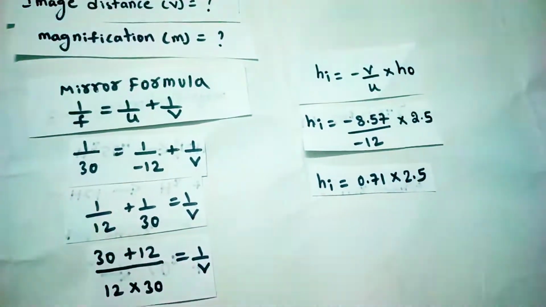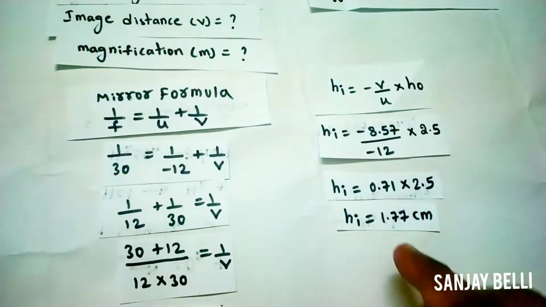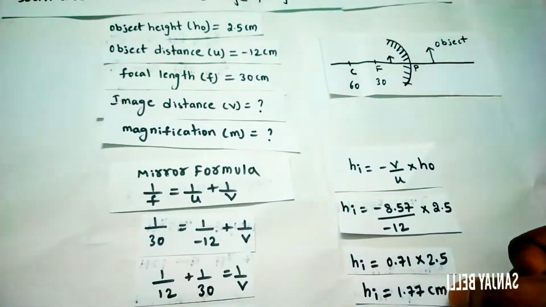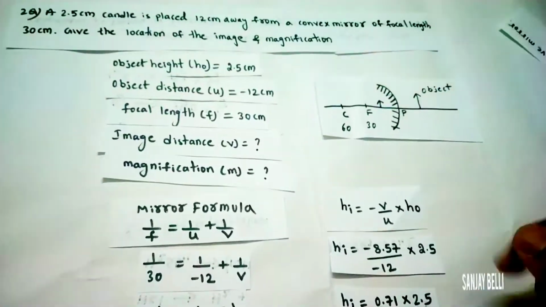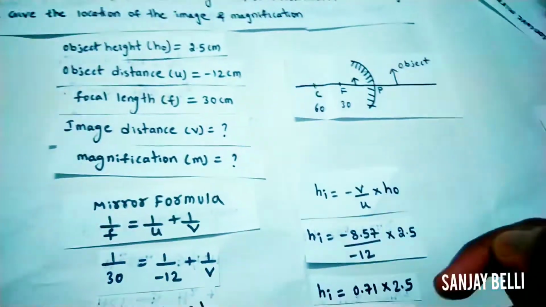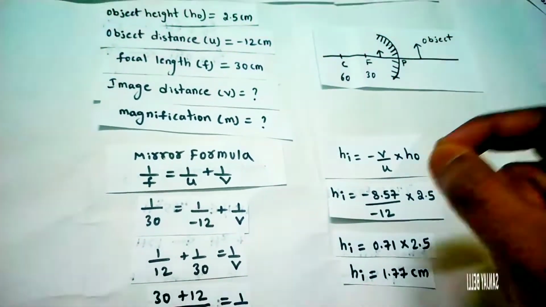So 0.71 into 2.5 is nothing but 1.77 centimeters. You got your image height as 1.77 centimeters, which is less than your object height. As I said already, the magnification value should be less than 1.